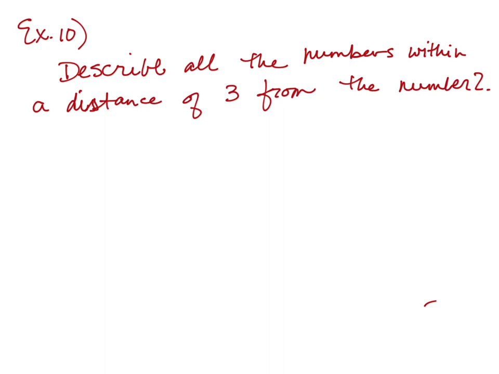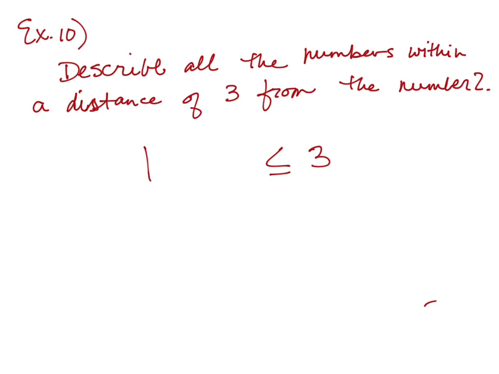So we're going to have our numbers have got to be less than or equal to 3 away. That's how we know what to put on that side. Within a distance of 3, whatever values we choose, they've got to be no more than 3. So we say less than or equal to 3 away. From what? From 2.